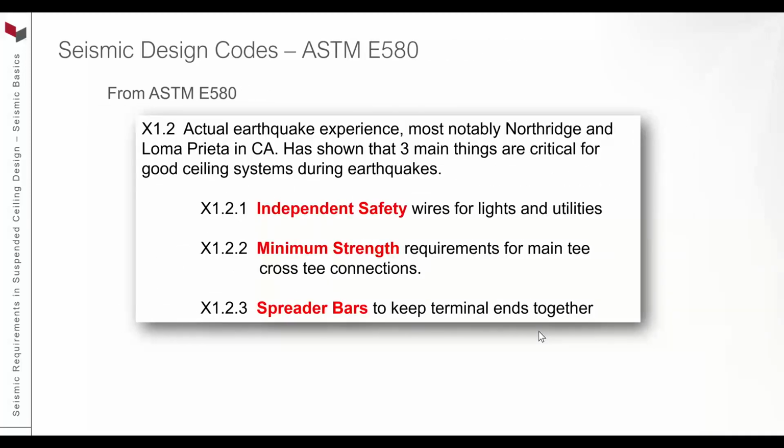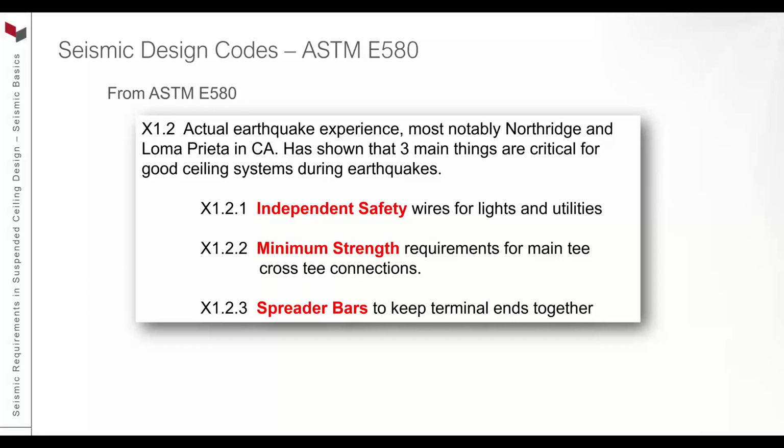So when ASTM received that responsibility, they put in another 3 variables because they also saw, based on experience, that ceilings responded differently. They don't respond like every other part of the building because they have multiple parts that are tied together, multiple ends that are tied to different types of walls, soffits, and so on.